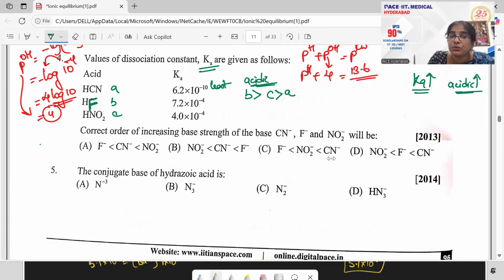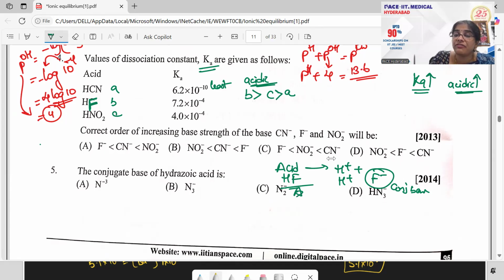Now what did the question ask? Consider the correct order of increasing base strength of the bases. Now what do you mean by an acid? See, an acid always releases H plus ions. For example, HF is an acid, and HF releases H plus ions and F minus ions. I would say F minus is my conjugate base.